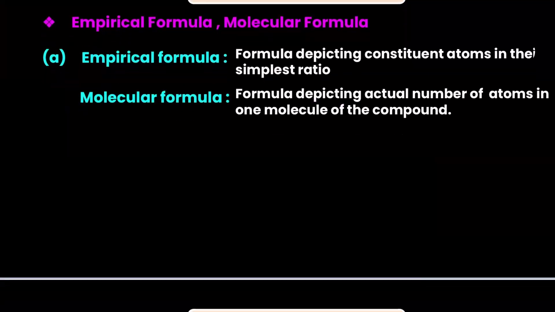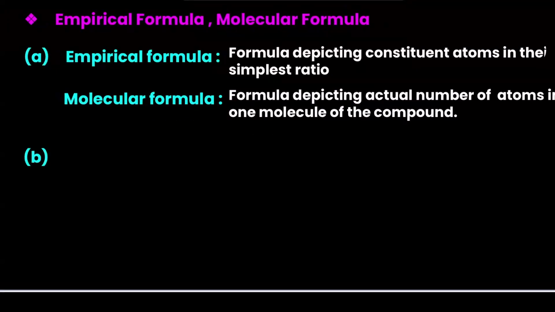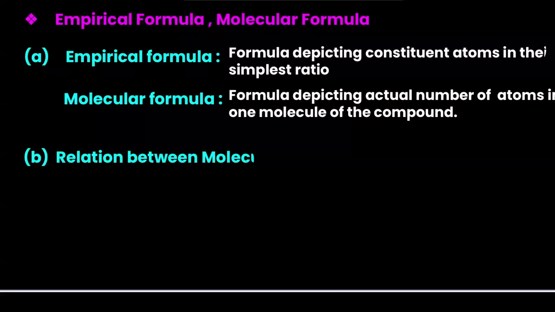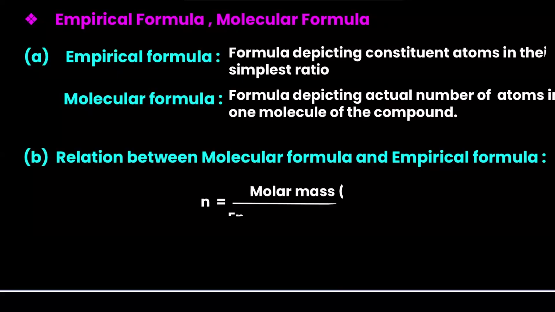And the next term you need to be clear about is the relation between the molecular formula and empirical formula. It's used as a valency factor or just an n factor, which represents the molar mass with respect to the empirical formula mass.